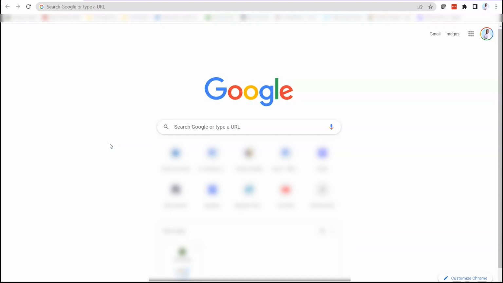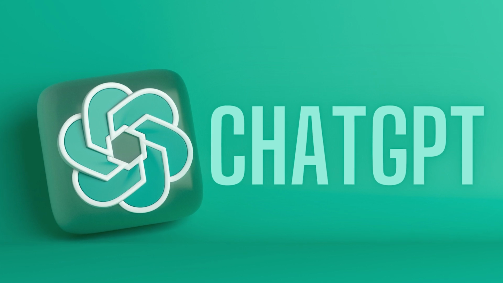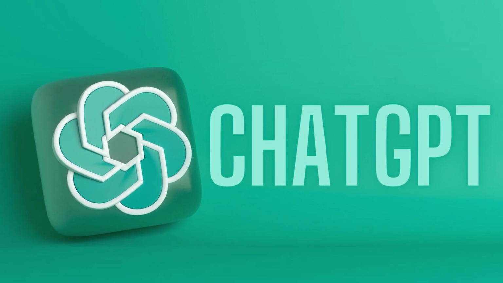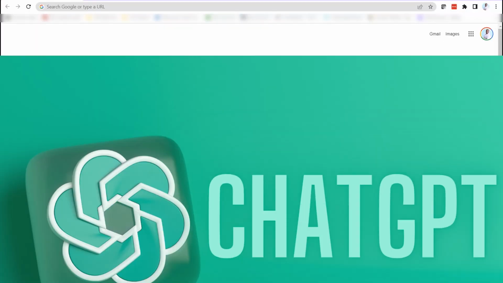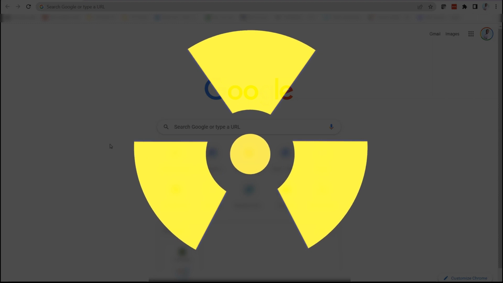Now, the newest kid on the block when it comes to research is ChatGPT. Without doubt, ChatGPT has become social media's latest favorite tool for getting answers online. I must tell you, the chatbot from ChatGPT is very amazing. It's creative. But one thing you have to realize is that it can be totally wrong and dangerous.